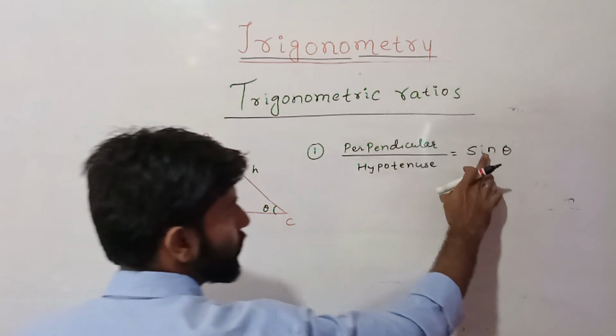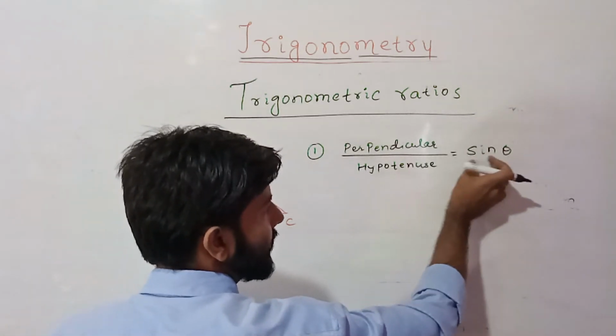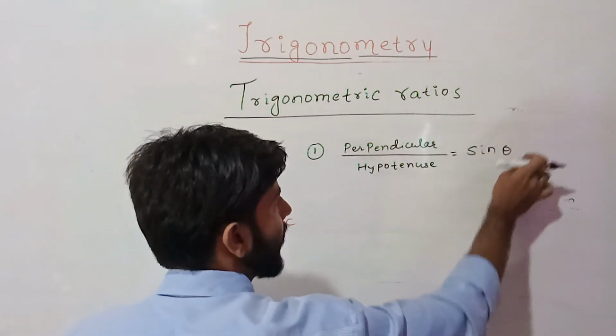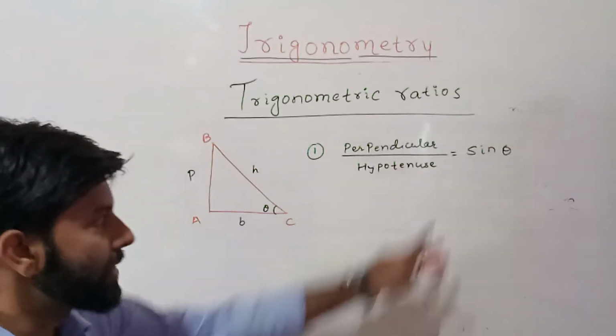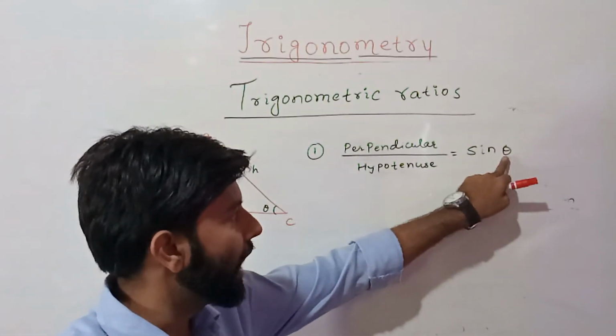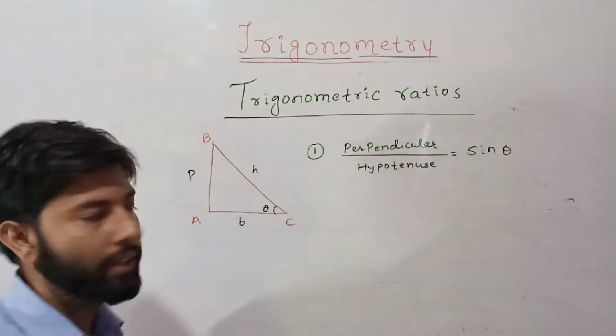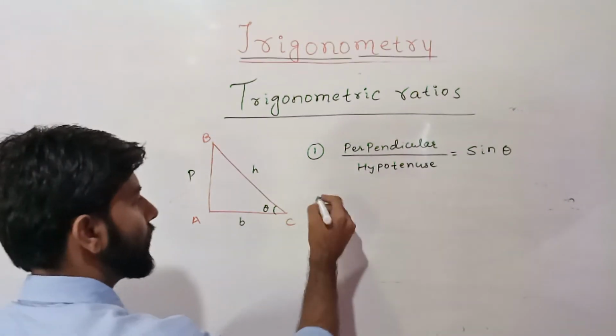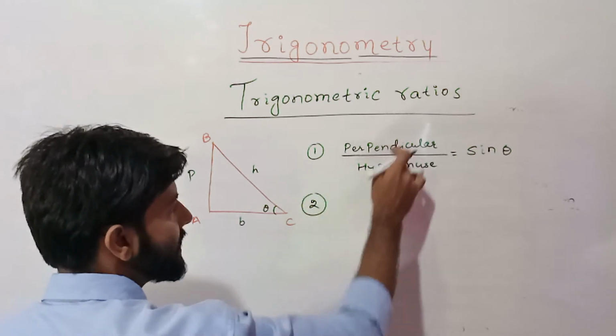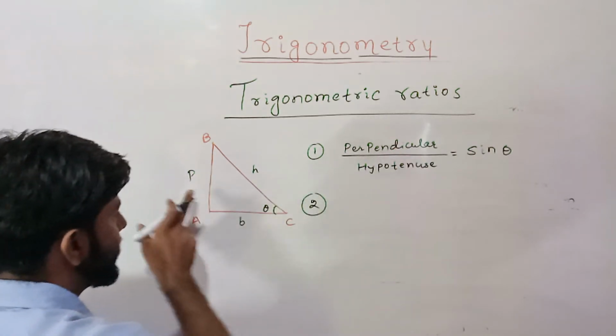You must know sine theta. This is not a multiplication, this is a complete function. Sine of angle, sine of this angle, theta is this angle. So this is the ratio of this side and this side.